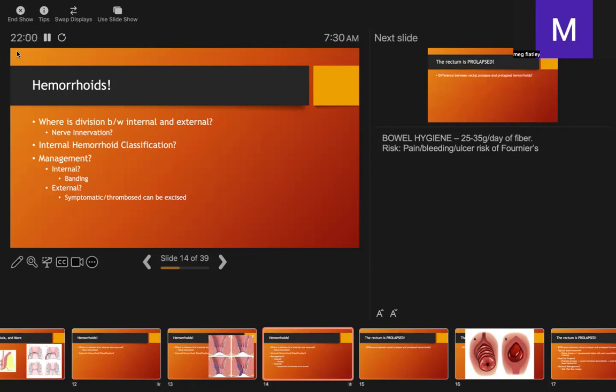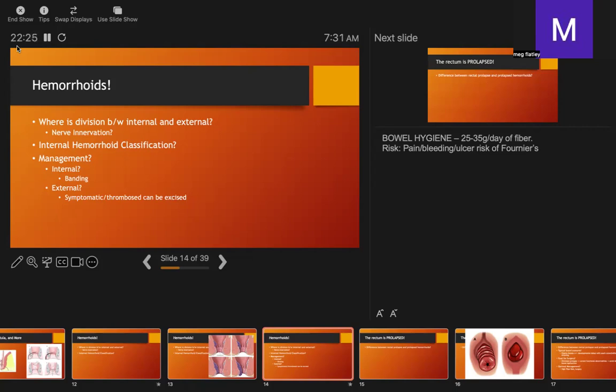Transhemorrhoidal dearterialization. Not a lot of people do this anymore, but it waxes and wanes in hemorrhoidal treatment. Basically you find where the hemorrhoidal arteries are using a Doppler ultrasound or some modality, and then you throw a big stitch into it and ligate it, because there are multiple different inflows.